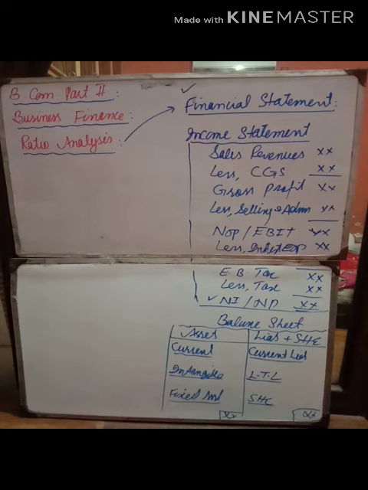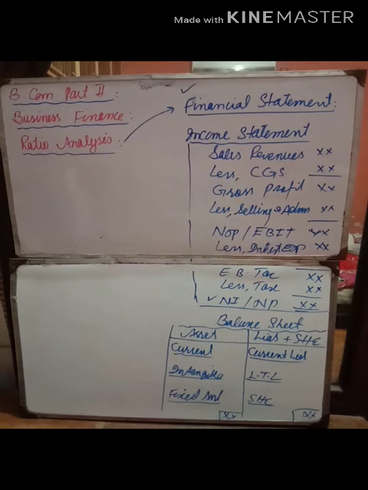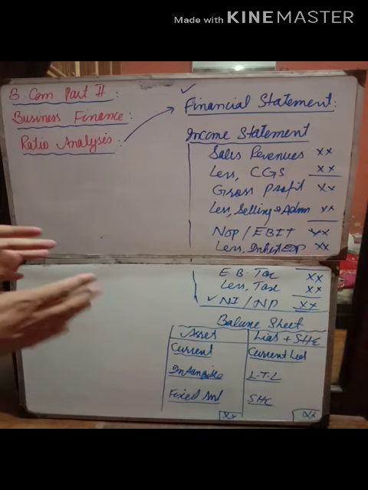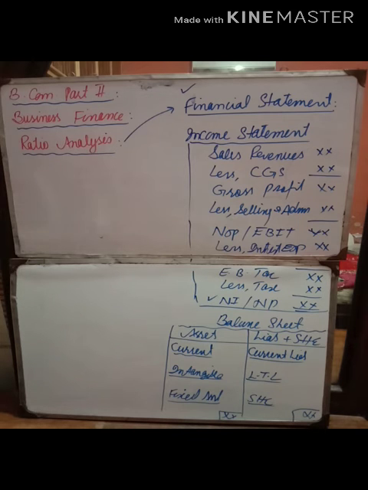So this is our income statement and balance sheet, which are given for the purpose of preparing the financial statements. The income statement and balance sheet may be given to conduct the ratio analysis.